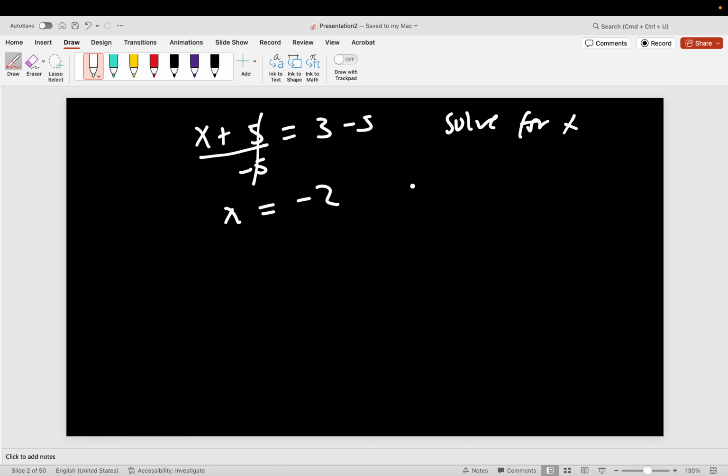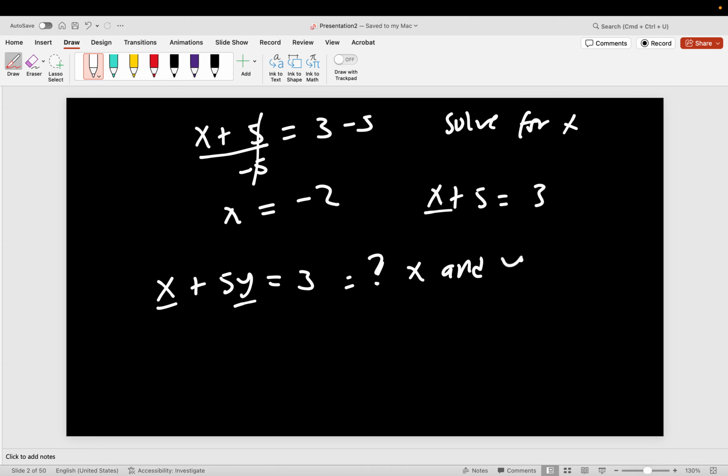But then I introduce two variables as opposed to just one variable. In this question, I had just the one variable, which is x. But now I have two variables, x and y. How do I solve for x and y? That's what we're going to talk about when we talk about systems of equations.